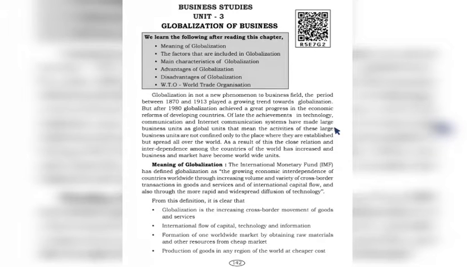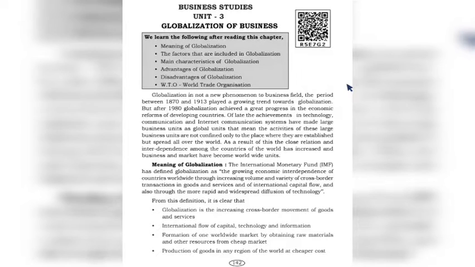As a result, close relation and interdependence among the countries of the world has increased because of globalization. The connection between the countries and the interdependence among the countries increased, because the countries started exchanging their products and their technology.